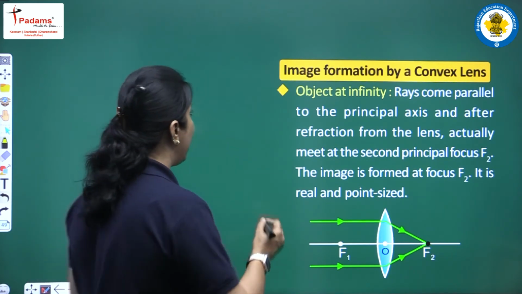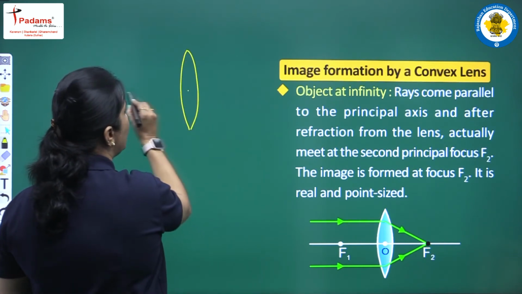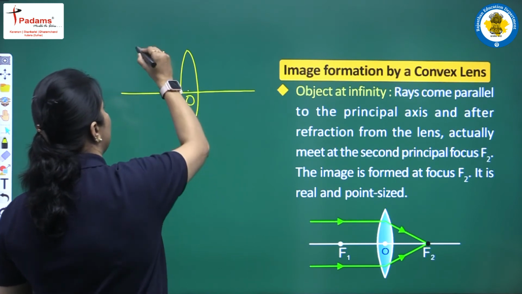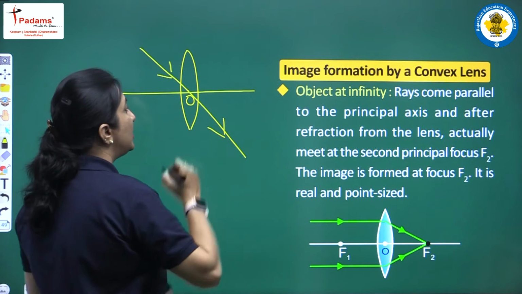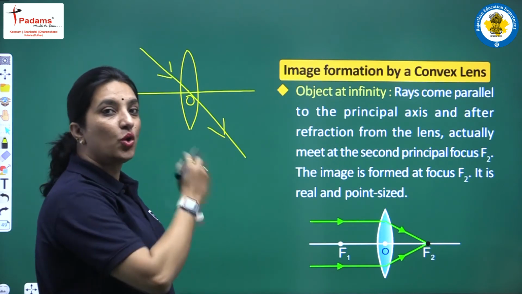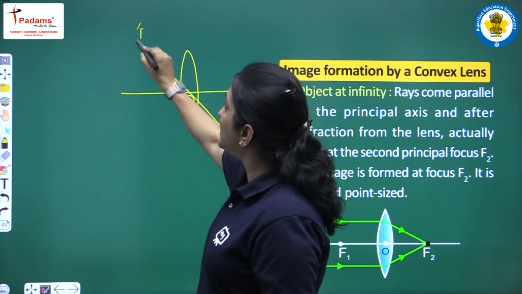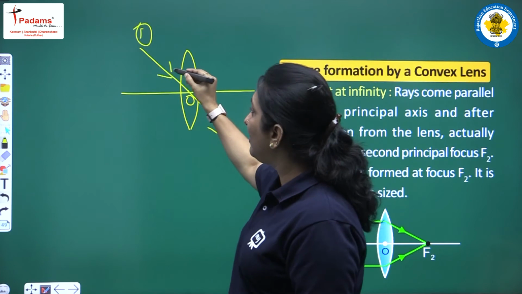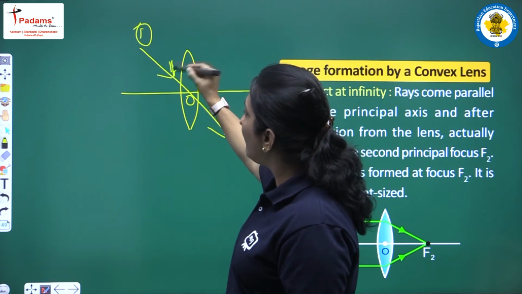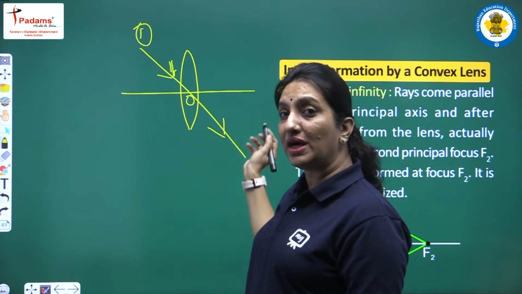So the ray of light which will be incident towards the optical center will go straight. After refraction, this ray of light passes through the lens undeviated.